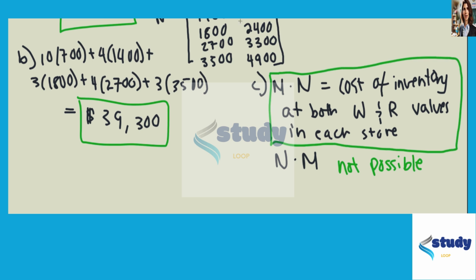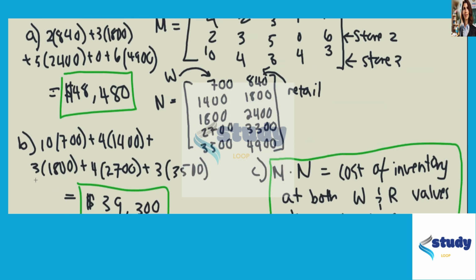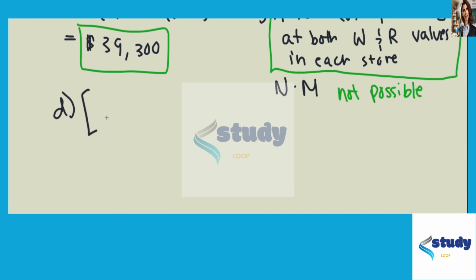Part D asks us to find the product M times N, and to label the rows and columns. We can plug these two into a calculator and multiply the matrices, and we get 33,400, 35,600, 39,300, 42,160, 48,480, and 50,700.